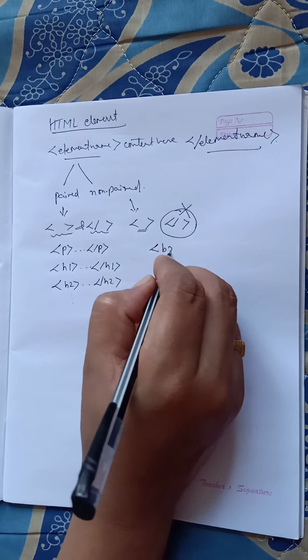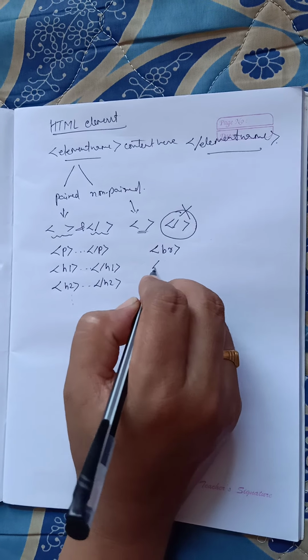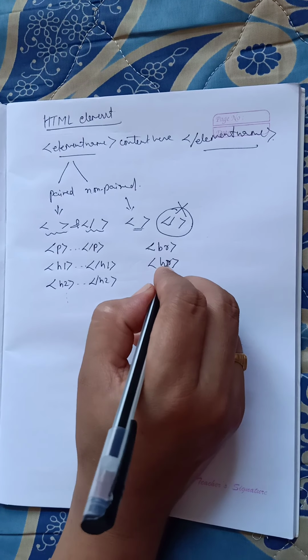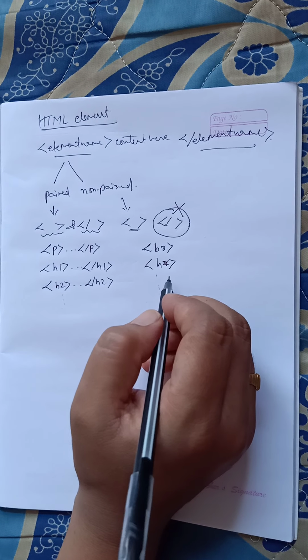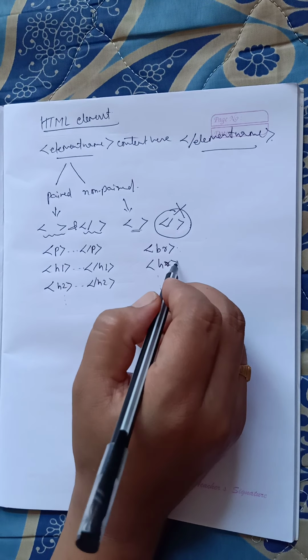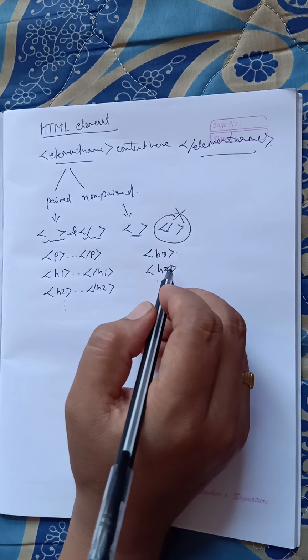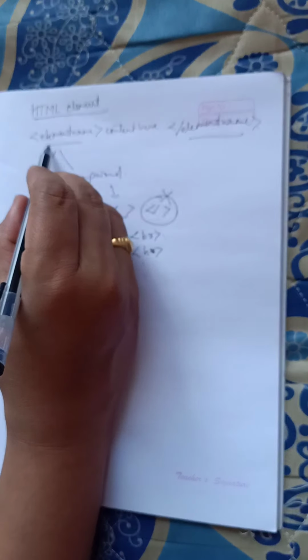This one we have line break, okay, for our horizontal line. Many others are there that we will also go through. So these are our non-paired tags.